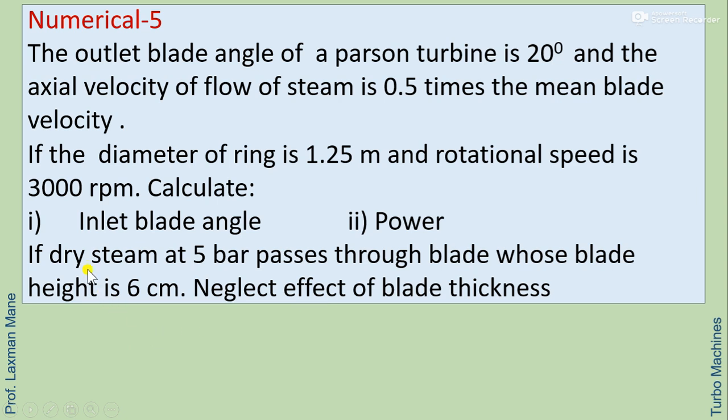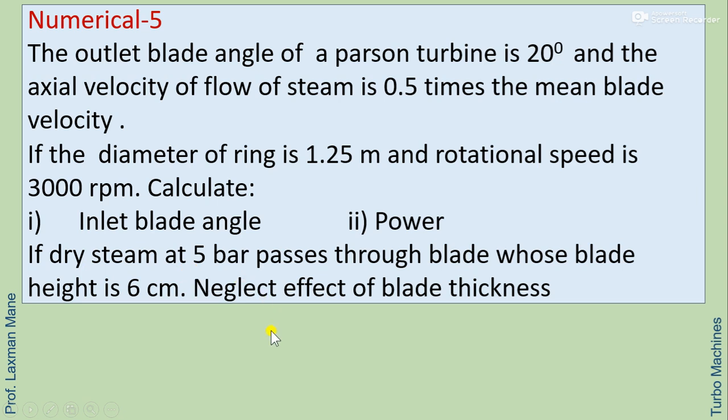Now this is again a different kind of problem, because here pressure is given as 5 bar and steam quality is given as dry. So here we will need to use the steam table to find specific volume of the steam.